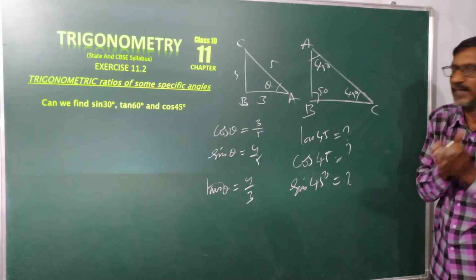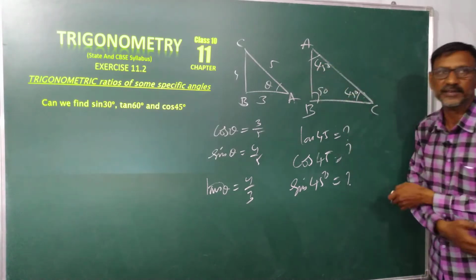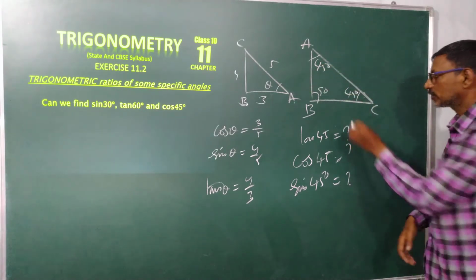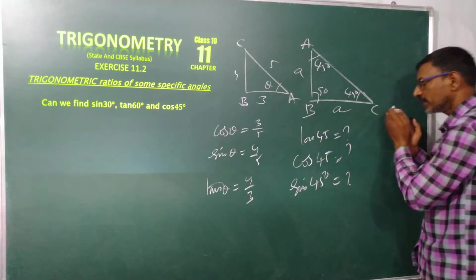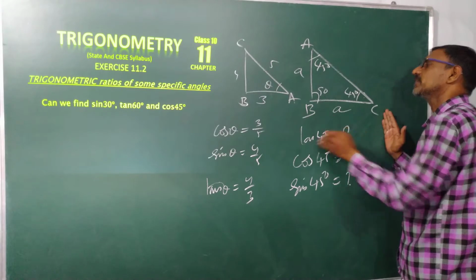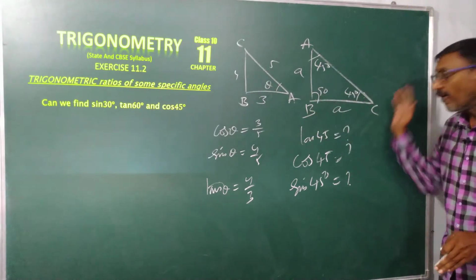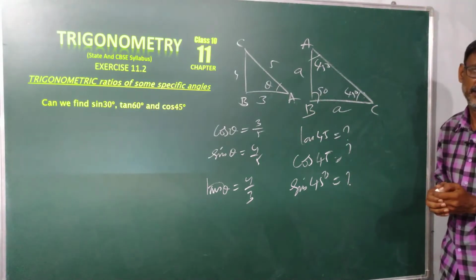When two angles are equal, then the opposite sides are equal. Suppose this is A, this is also A. I don't know whether this is 4 centimeters, 5 centimeters or 6 centimeters, this is also that much only, when the angle is 45 degrees.